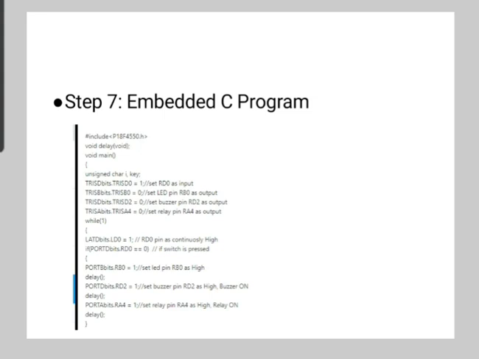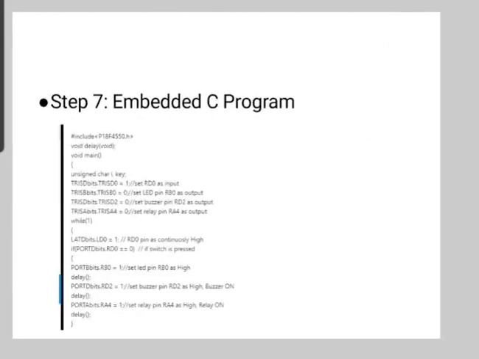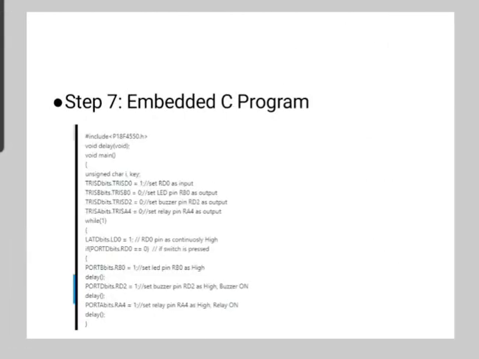Then the next is the buzzer. Now what is a buzzer? This theoretical part of the relay and buzzer is not shown in this PPT. So a buzzer is an electronic device which converts the electronic signal applied to it into a buzzing noise.